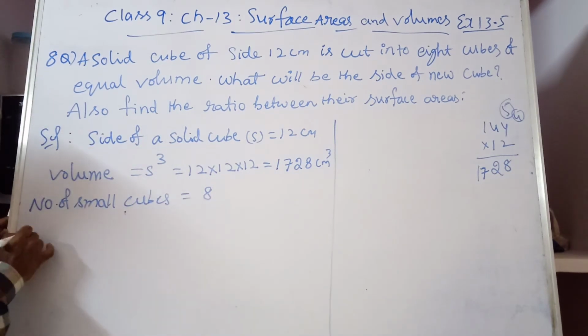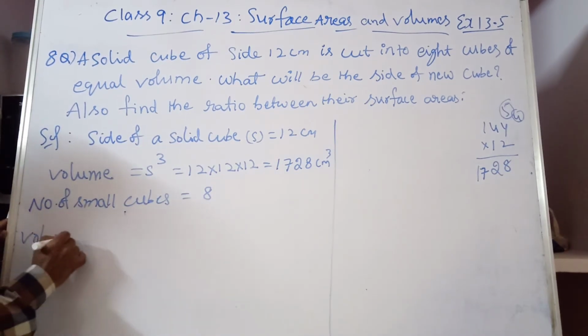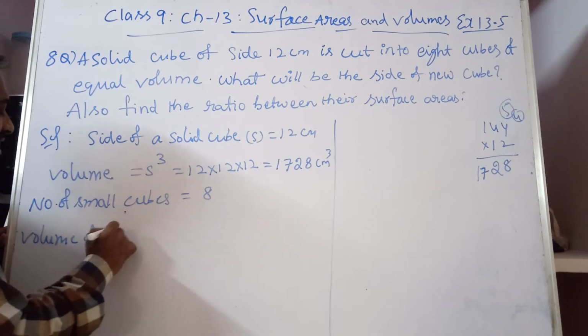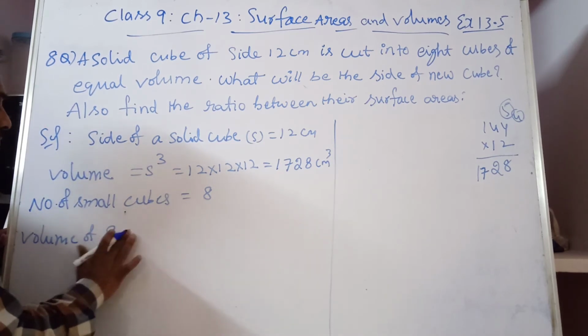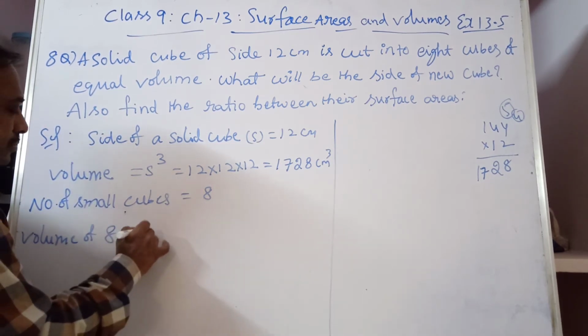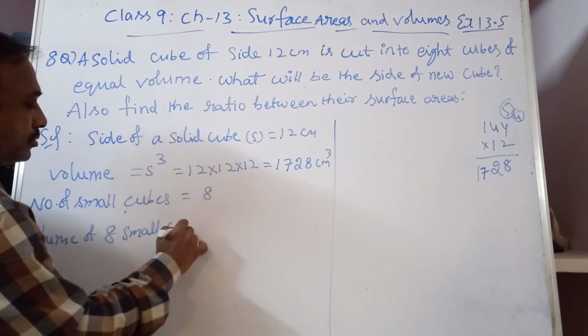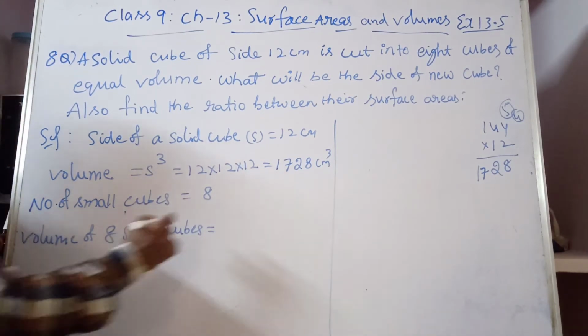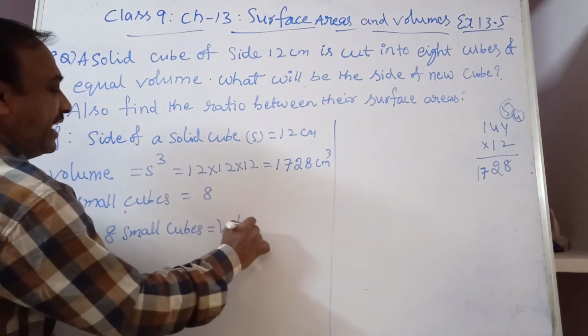So the volume of 8 small cubes is equal to the volume of the solid.